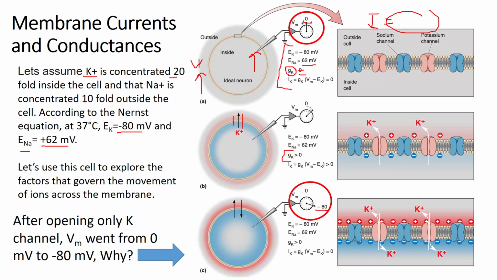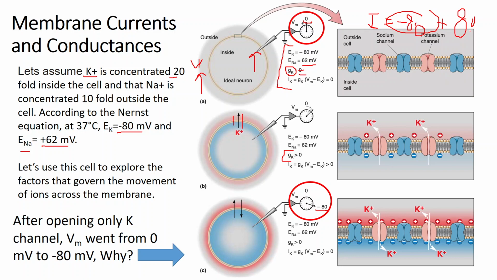And in the third example, the ionic driving force is 0 because, if you calculate it, the membrane is now at negative 80 millivolts. Because it has reached the equilibrium potential for potassium, the ionic driving force would be 0.